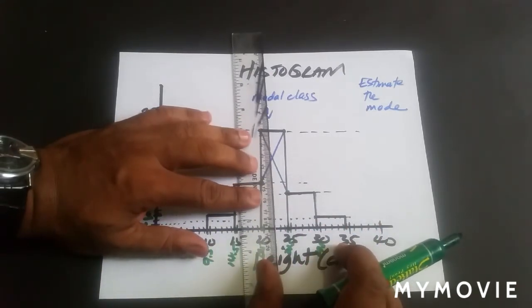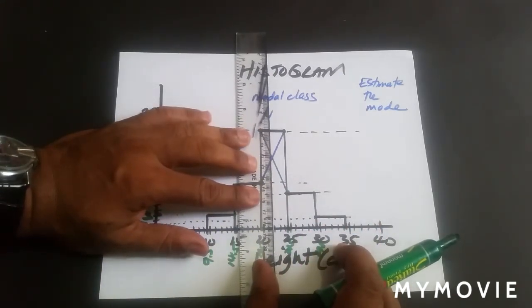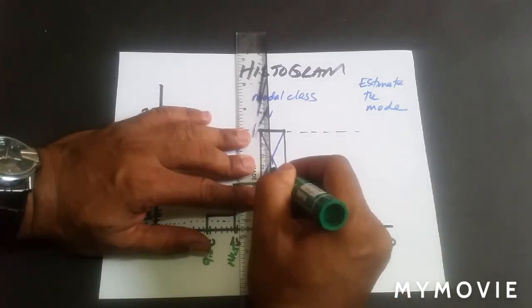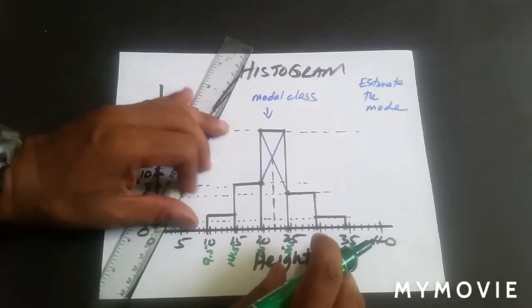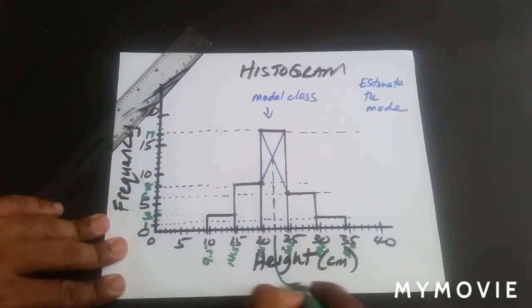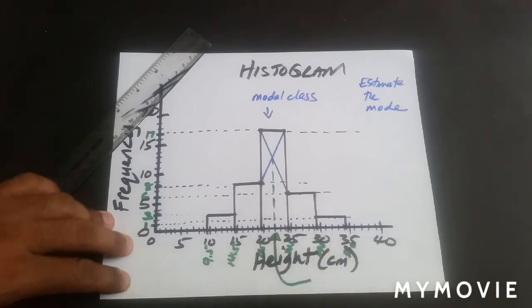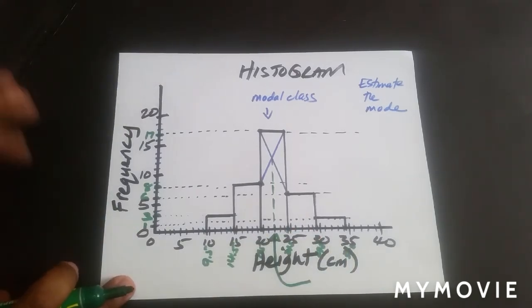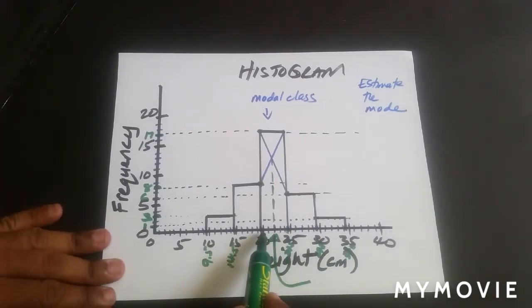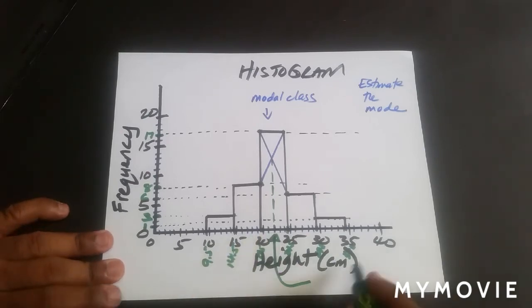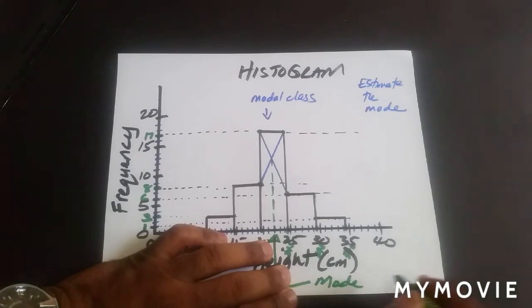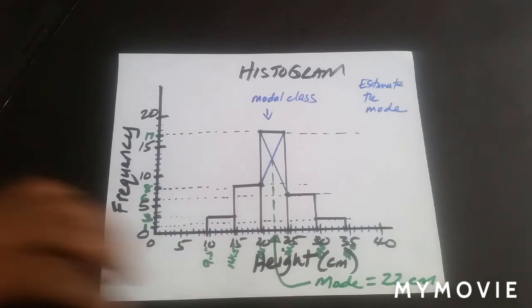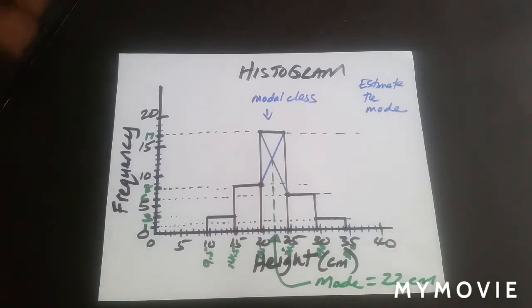So make sure it's vertical. So I'm just going to draw a vertical line down to the x-axis, and wherever it touches, which in this particular case is there, that is going to be our mode or estimated mode, and that value would be, this is 20, 21, 22. So the mode would be equal to 22 centimeters, and that is a crash course on the histogram.